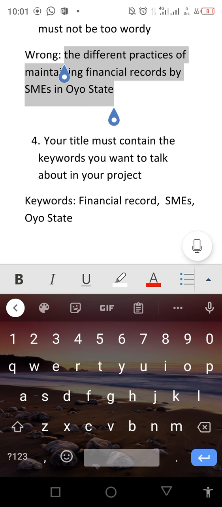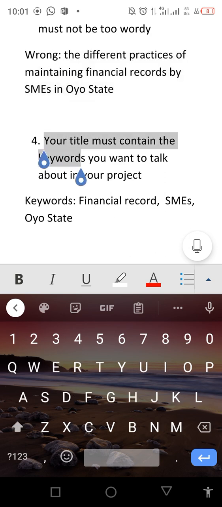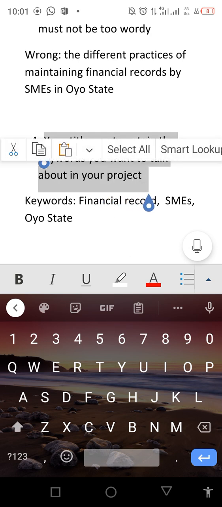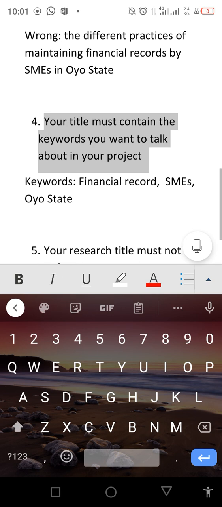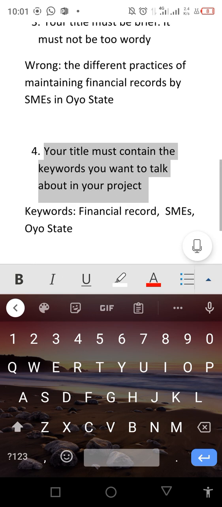Then the next thing we want to talk about is that your research title must contain the keywords you want to talk about in your project. Remember, the words make up your dependent variable and your independent variable.